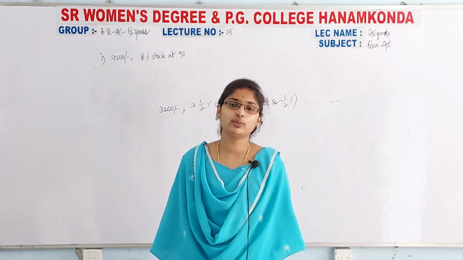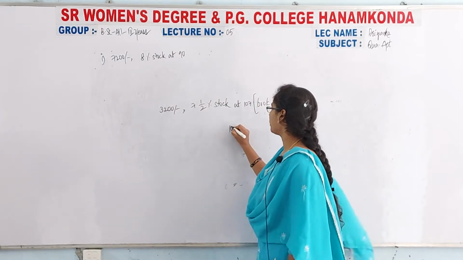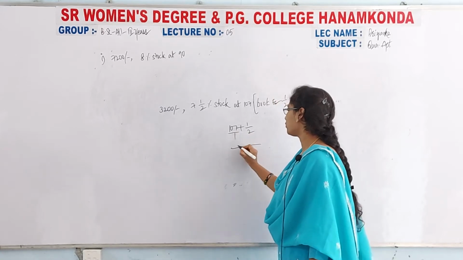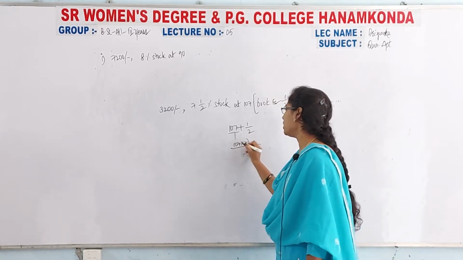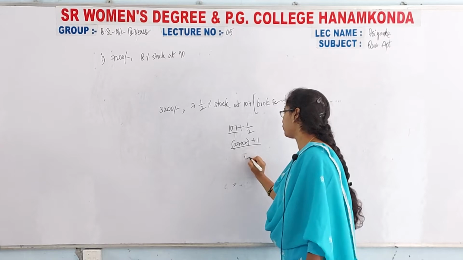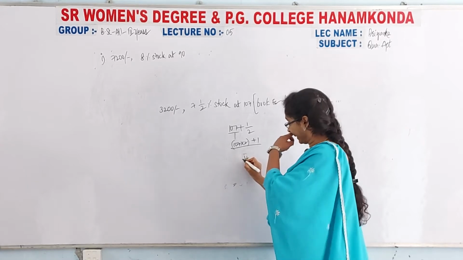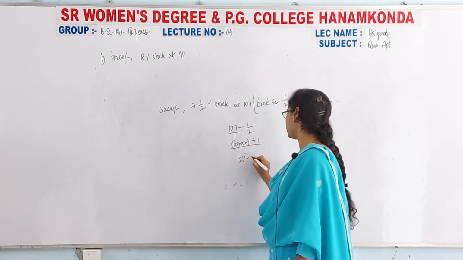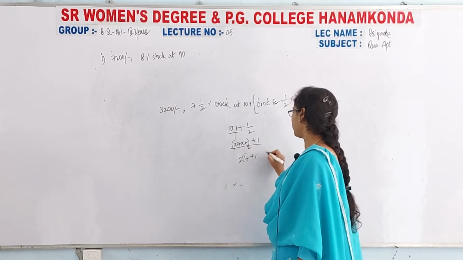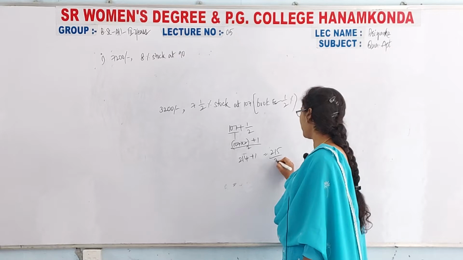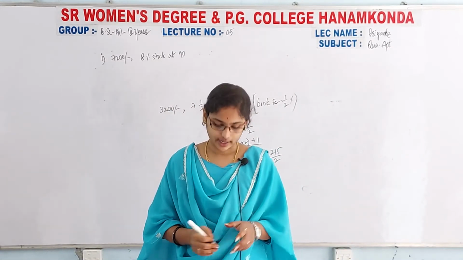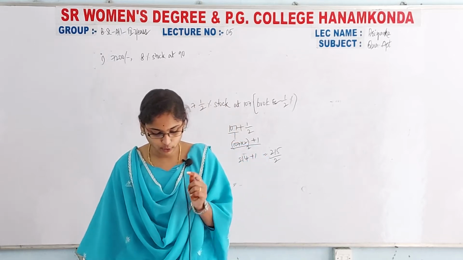Just take the LCM. Here the LCM is 2. So 107 into 2 plus 1. 2 7s are 14, 4 and carry 1, 2 1s are 2 plus 1, so it is nothing but 215 by 2 rupees.